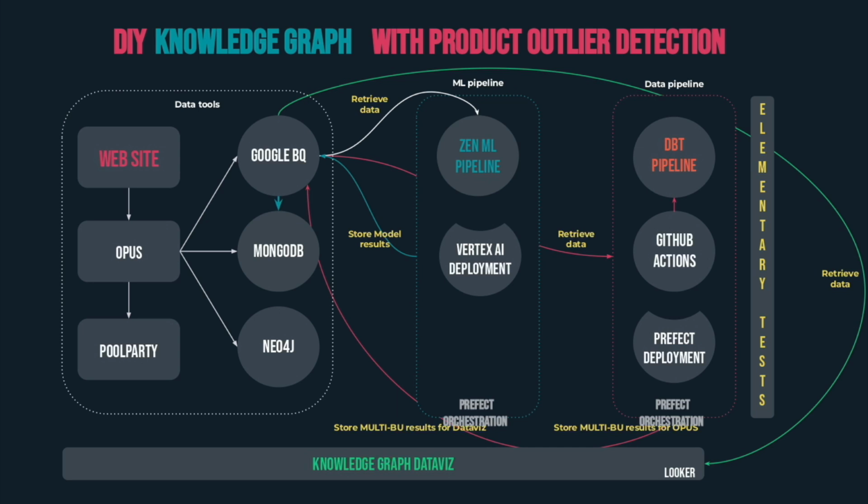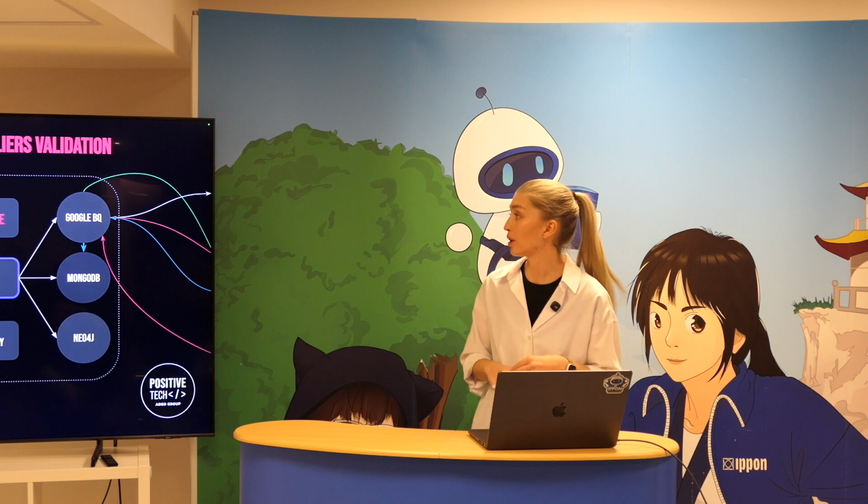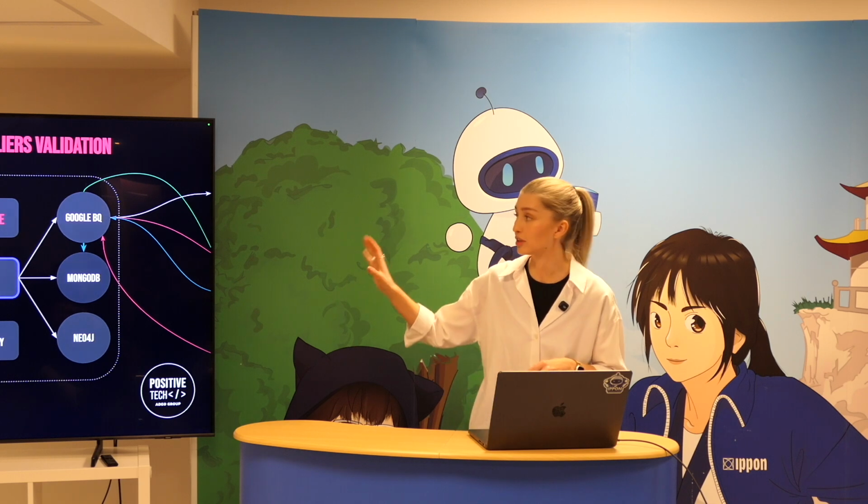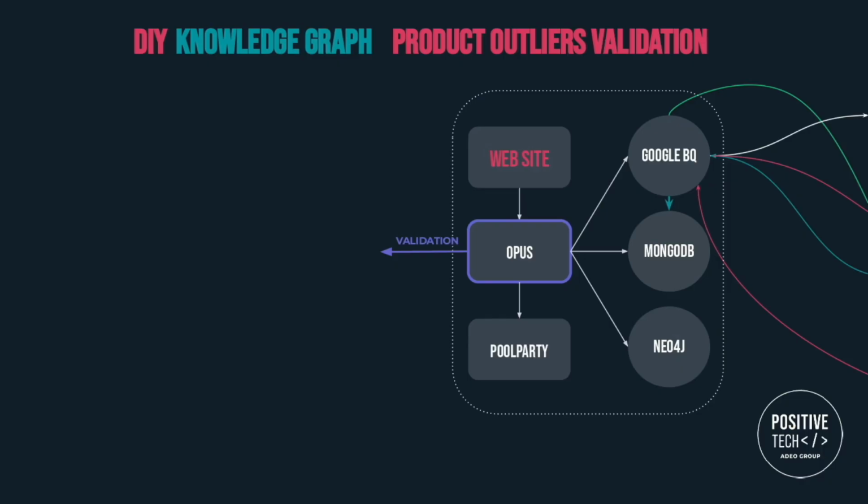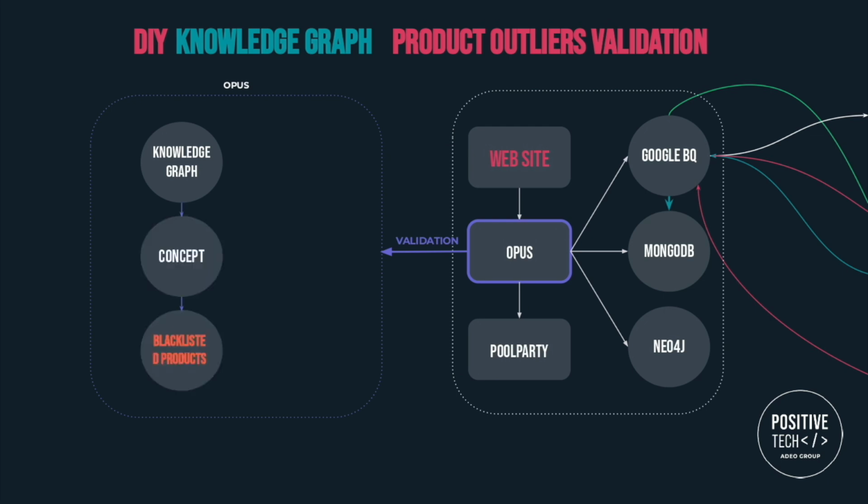Next step, okay, we created our suggestions, we applied the threshold. Next, we need to change something in the knowledge graph. So we have the validation part on the Opus side. We have the special part of Opus, especially for the knowledge graph. We go to some concept, we go to the blacklisted products we have inside, and here now we have the human verification, the last step of this process.